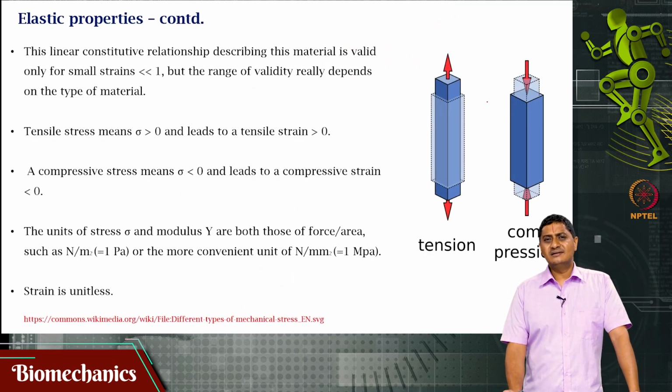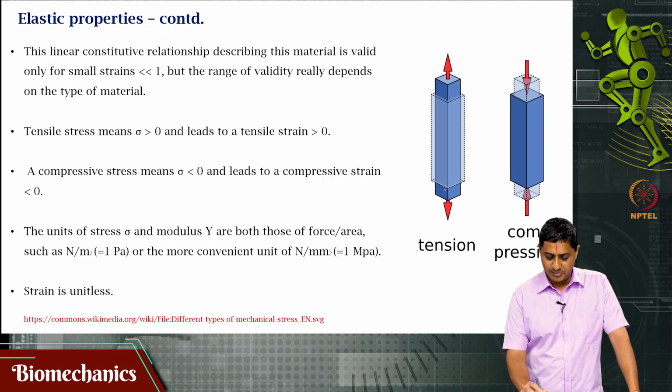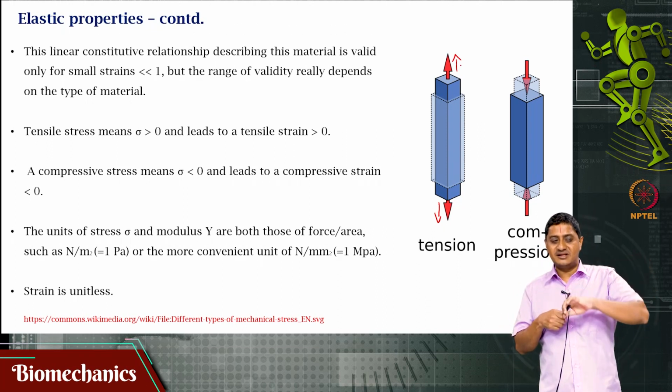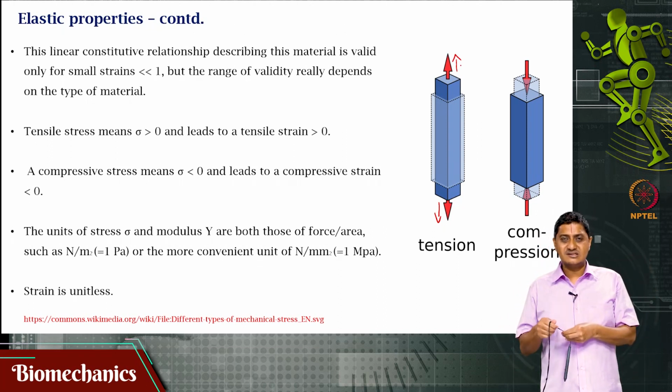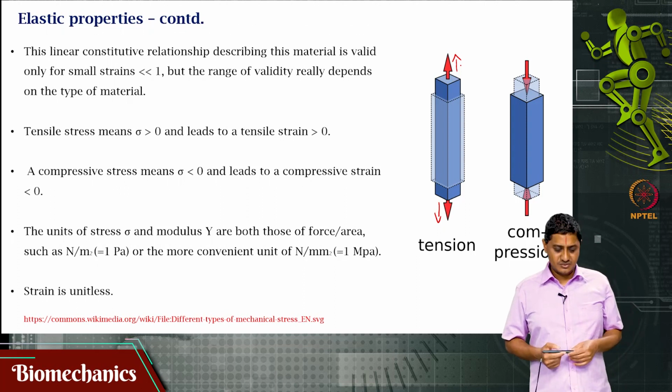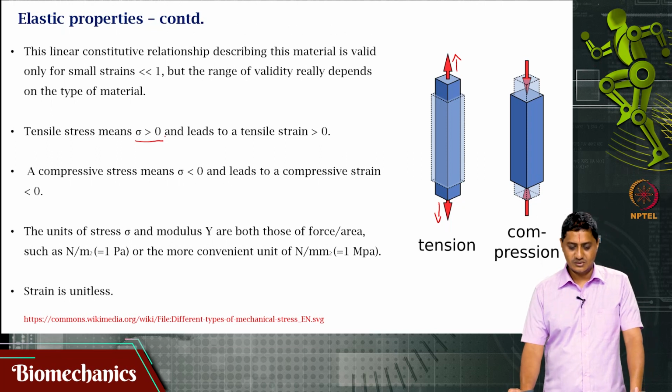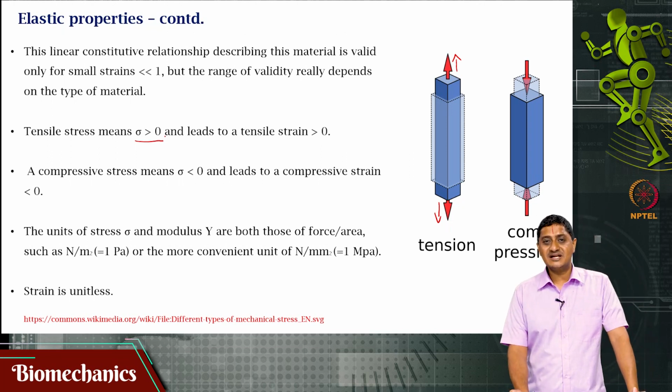But actually this depends on the material property, the type of the material. If the stress is applied such that the material is getting pulled in either direction, so it is undergoing tension, I am pulling the material, it is called tension. In that case sigma is considered to be greater than 0, which leads to a tensile strain that is greater than 0.